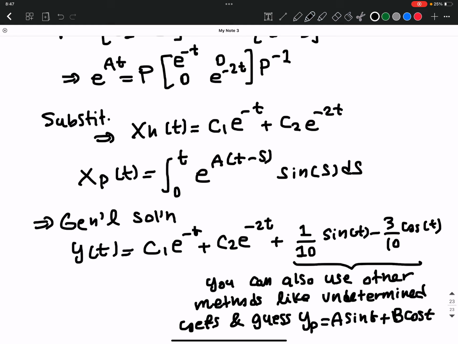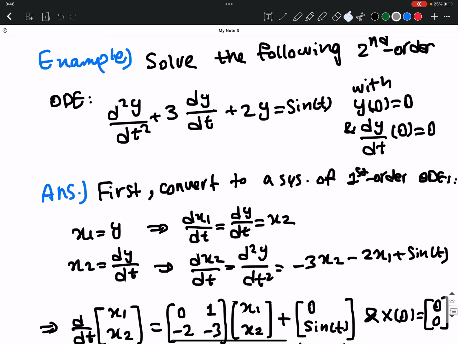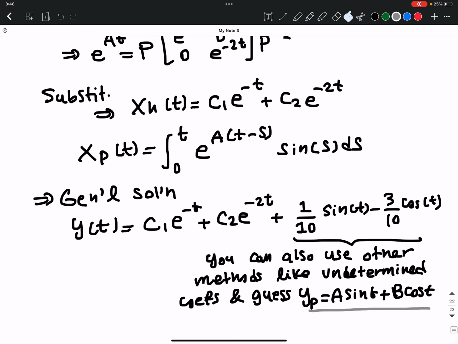So yp should be something like a sine t plus b cosine t, and then we can just substitute that into our original ODE and find the particular solution, which will give us again this one. So this is another way to find the particular solution.